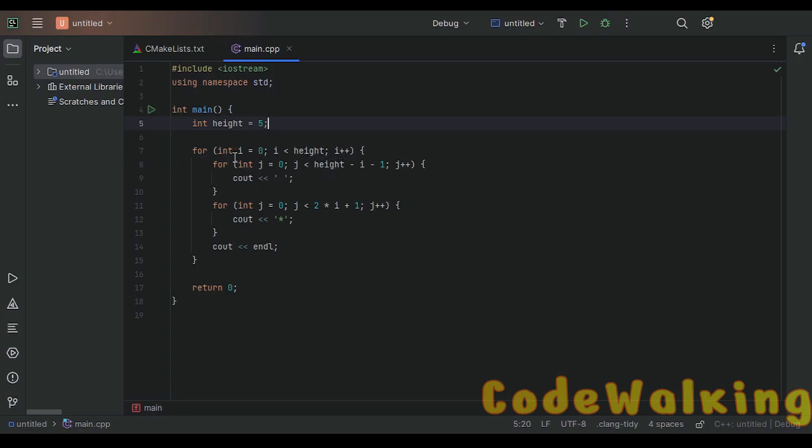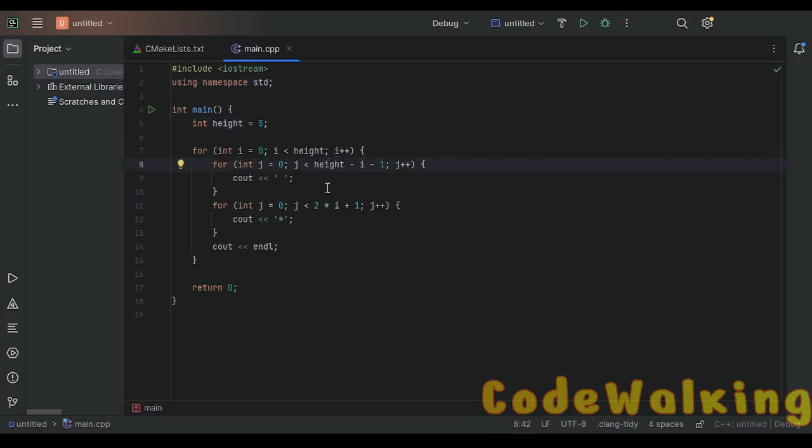Okay, this is basically going to do the outer layer, then int j is equal to 0, int j is less than height minus 1, j plus plus.